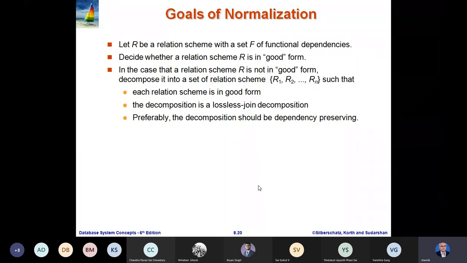So what it means is that if we do the decomposition of R into R1, R2, Rn and try to enforce that each of them is in BCNF, then it might so happen that for this particular schema and the given set of FDs, this decomposition is dependency preserving, but there is also a chance that the decomposition is not dependency preserving. And if we are okay with that, then it is fine.